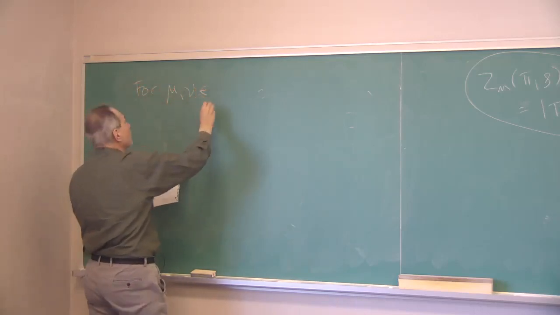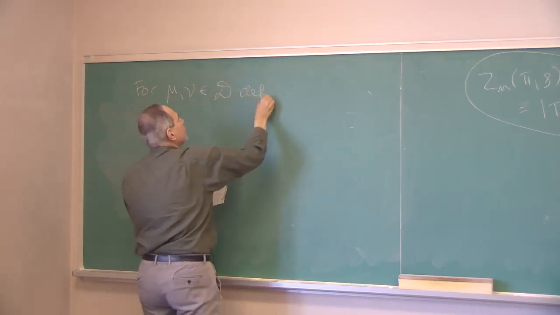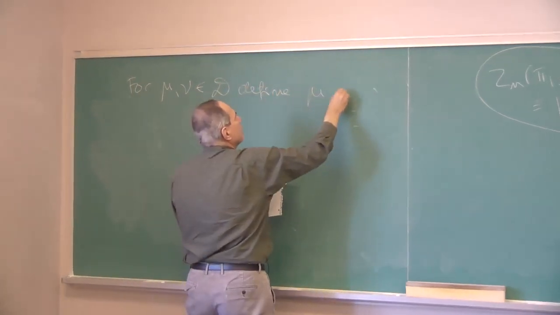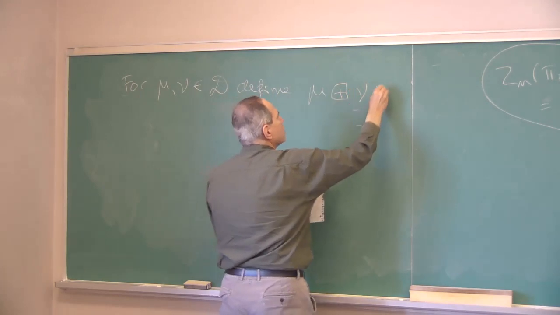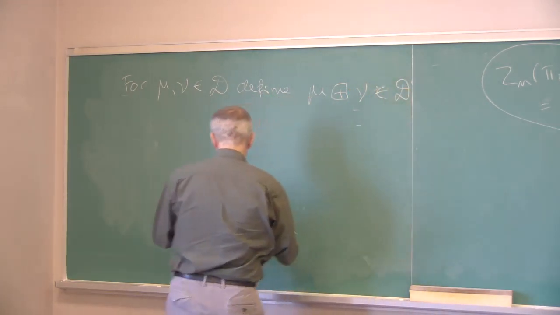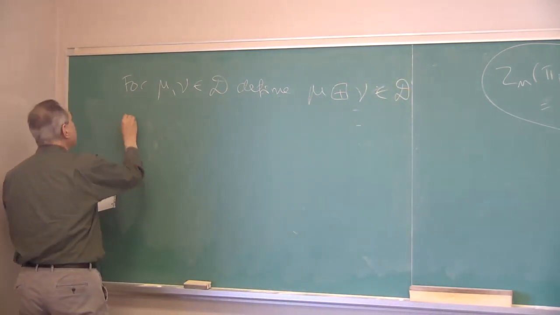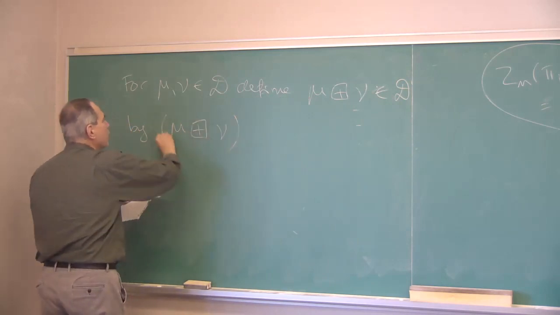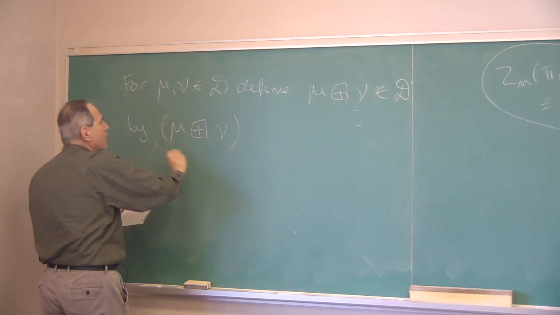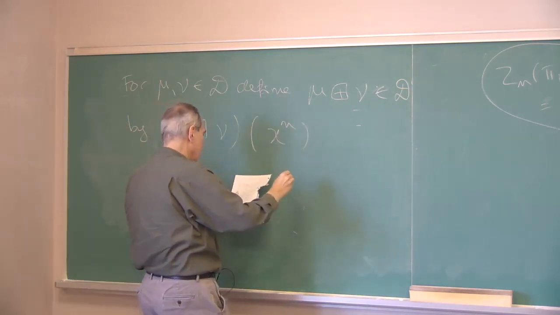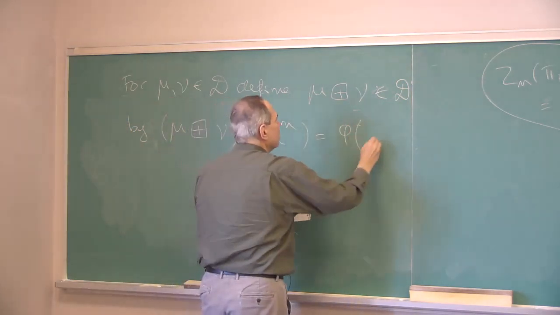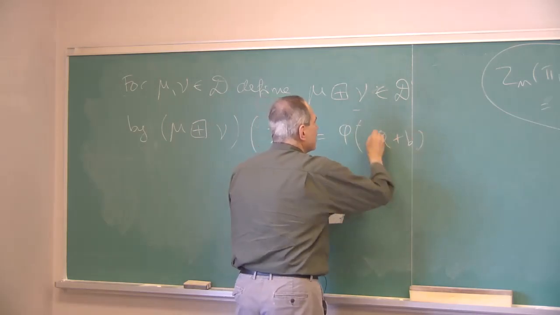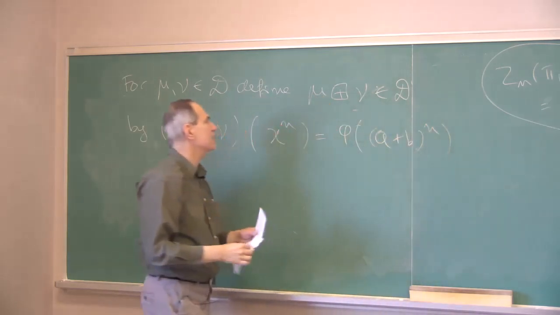For mu and nu in D, define the new functional mu box plus nu in D. Since it's linear and normalized, I have to say where I send the powers of the indeterminate.